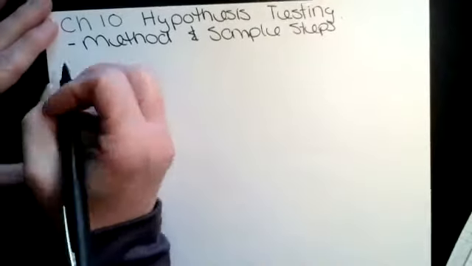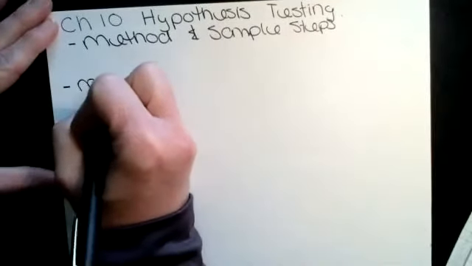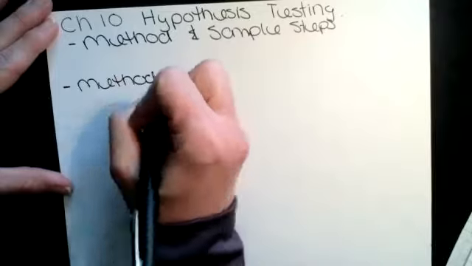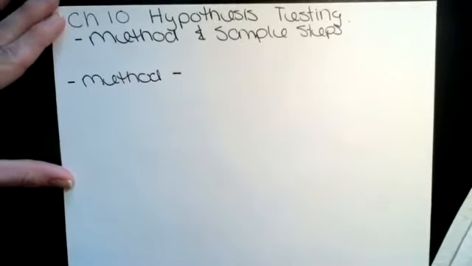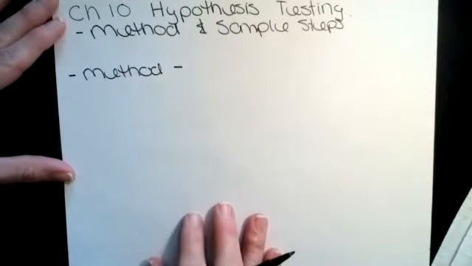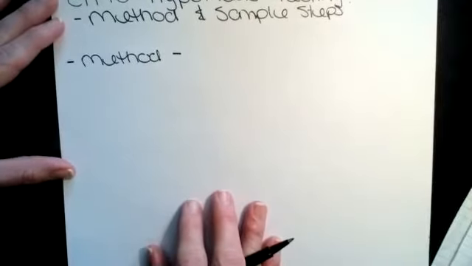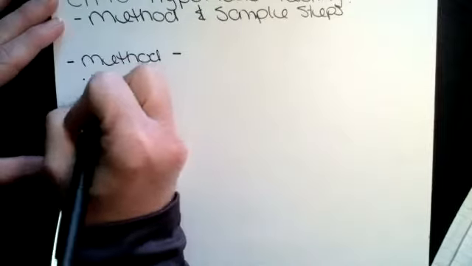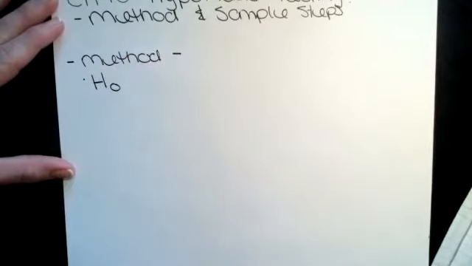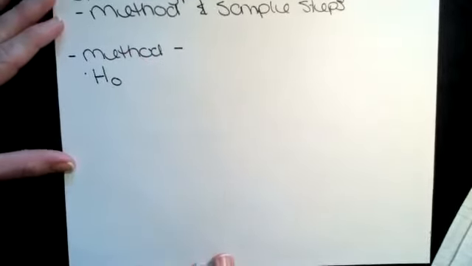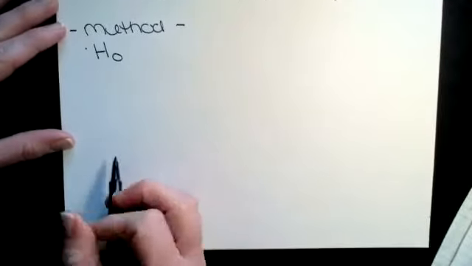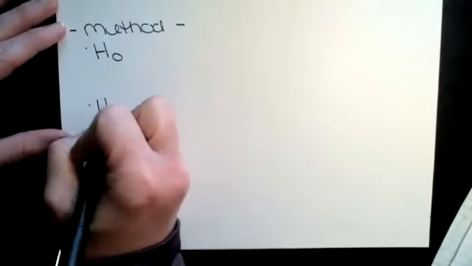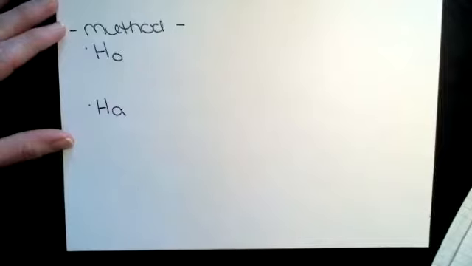So for my method step, again, we're going to have 4 parts under this step, just like we did in the population step last class. The first one is my null, so H naught. The second piece is HA, the alternative.